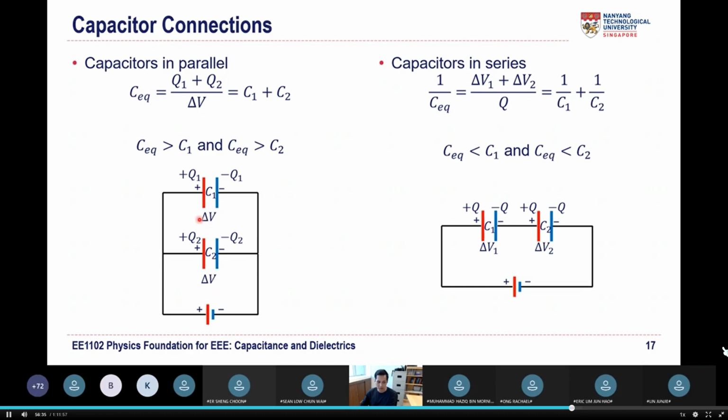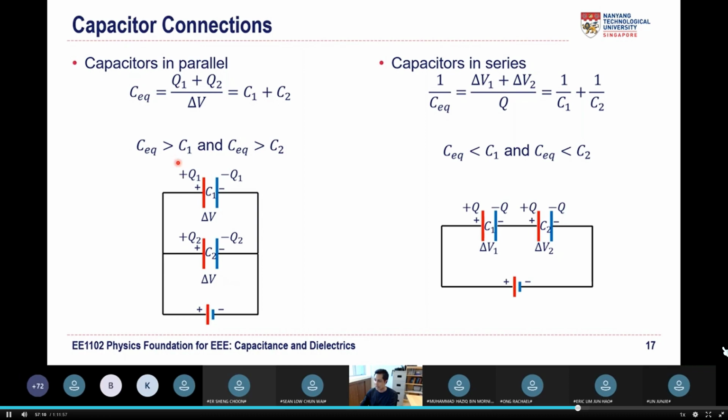So when you formulate it like this, it's Q1 divided by the potential difference plus Q2 divided by the potential difference. That says the equivalent capacitance is just C1 plus C2. Okay, so when capacitors are connected in parallel, the equivalent capacitance is C1 plus C2.